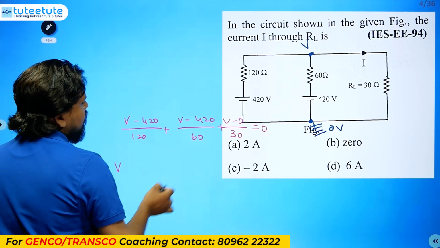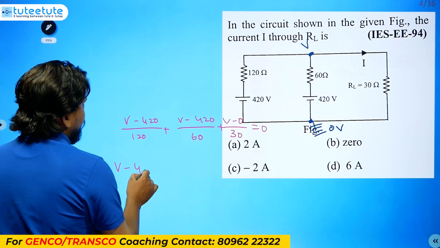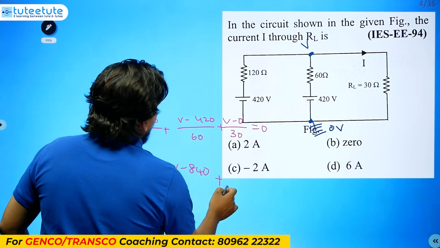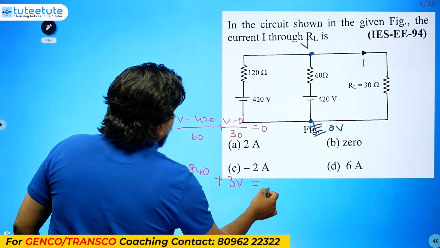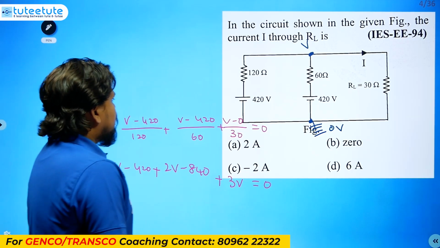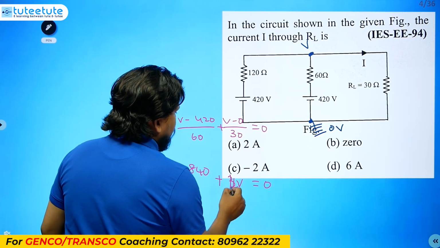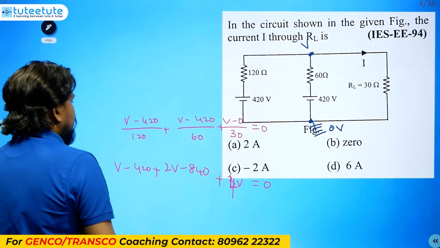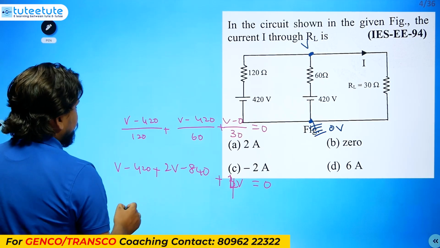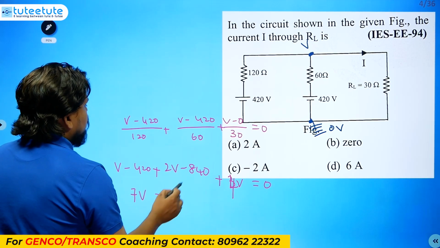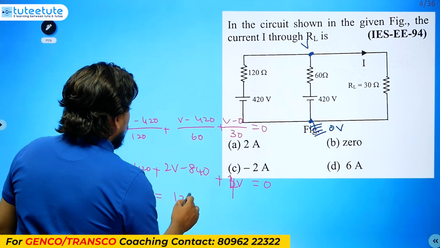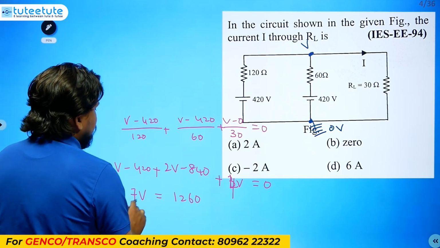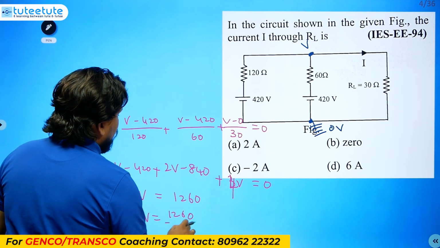Take 120 as the LCM: V minus 420 plus 2V minus 840 plus, not 3V, it is 4V, because 30 into 4 is 120, that's why 4V, equals 0. In total it is 4V plus 2V, 6V plus V, total 7V equals 840 plus 420, which is 1260. So 7V equals 1260, and V equals 1260 divided by 7.